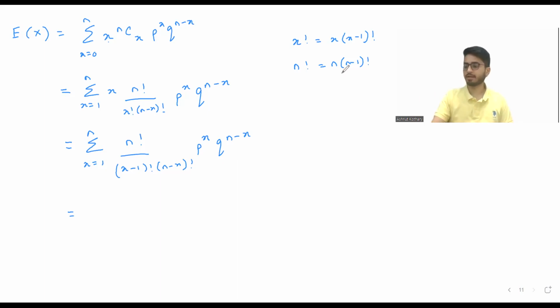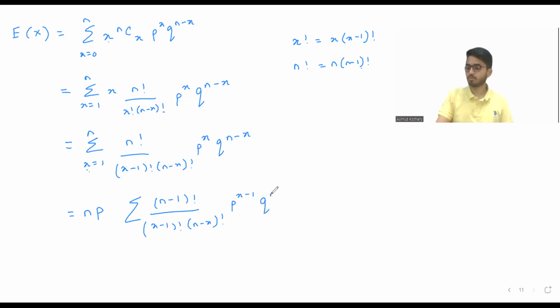Summation is with respect to what? x. n is independent of that. I will take out an n common and a p common. Inside I will be left with n minus 1 factorial over x minus 1 factorial n minus x factorial, times p to the power x minus 1 q to the power n minus x, x runs from 1 to n.